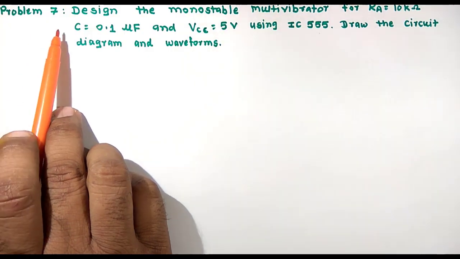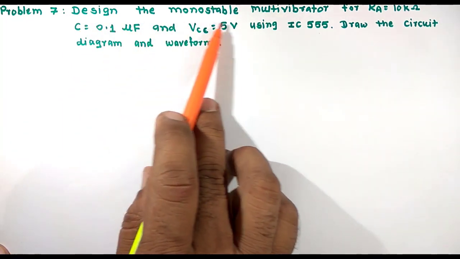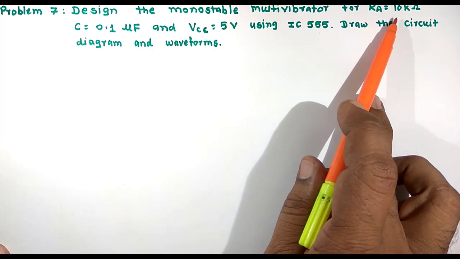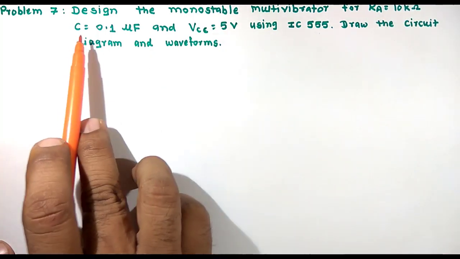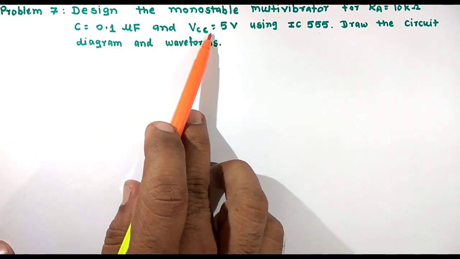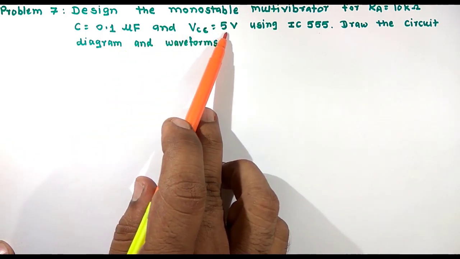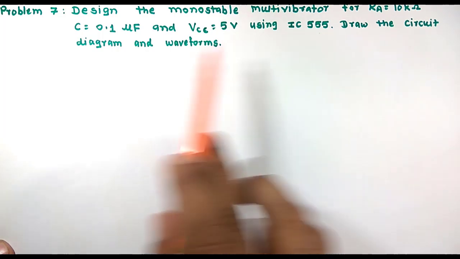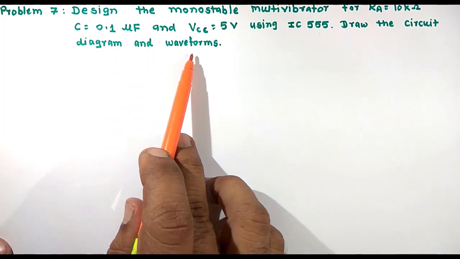Next problem is to design the monostable multivibrator for RA equal to 10 kilo ohm, C equal to 0.1 microfarad and VCC equal to 5 volt using IC 555. Draw the circuit diagram and waveforms.